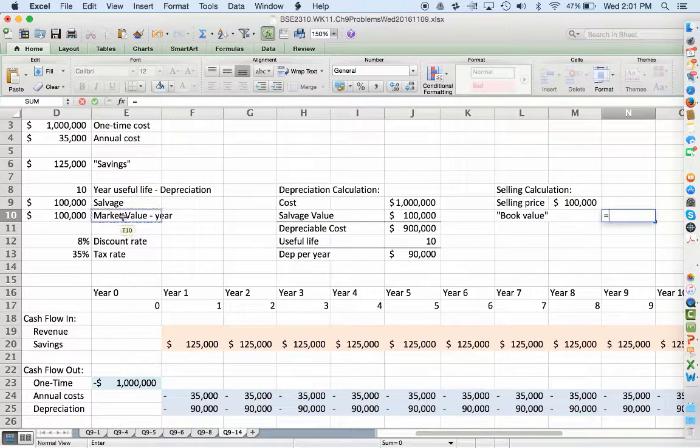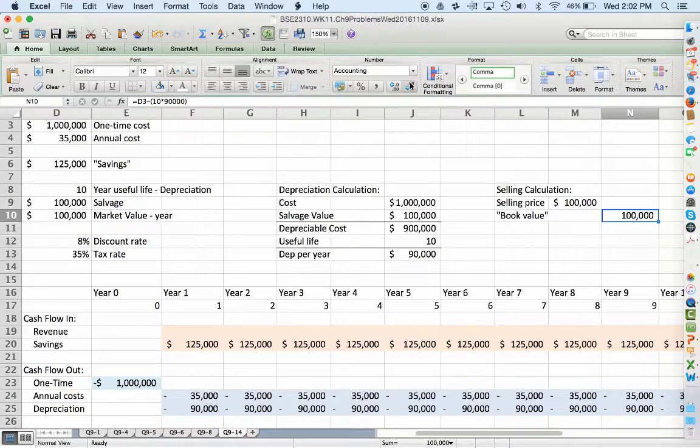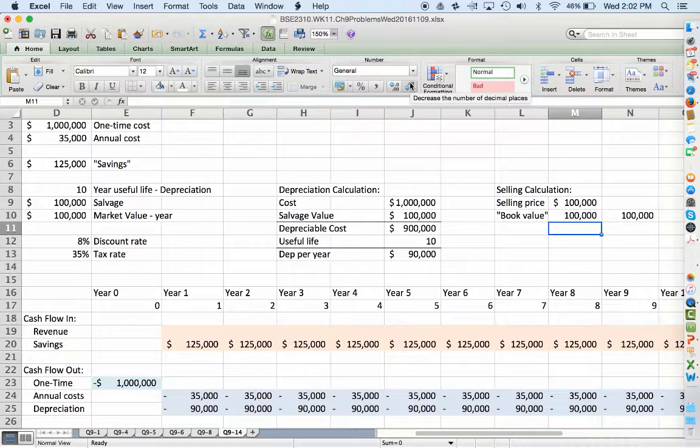So we have depreciated away 900,000. Well, it cost us a million, so that means that its book value is 100,000. Let me pull it up here. So each year we depreciate the 90,000.